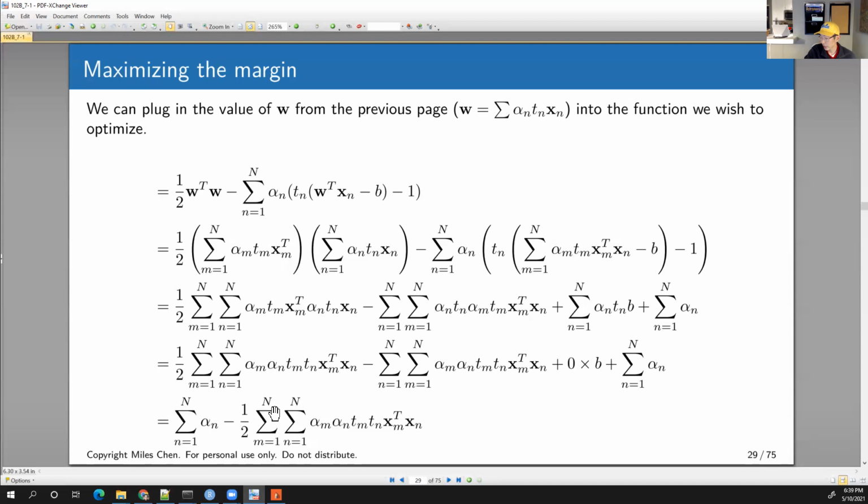What ends up remaining is that here we've got this multiplied by 1/2, and this one is not, and they end up combining, and we get the sum of all of the alpha values, and we have this double sum of a bunch of alpha values across basically every possible X and every X in either combination.